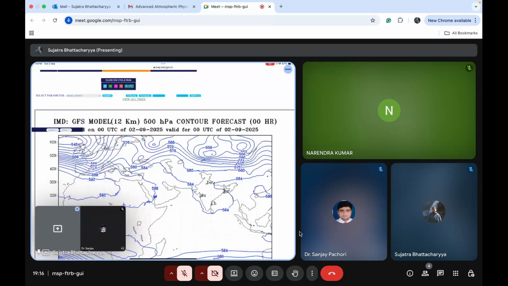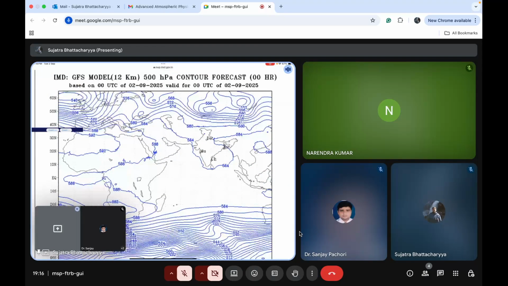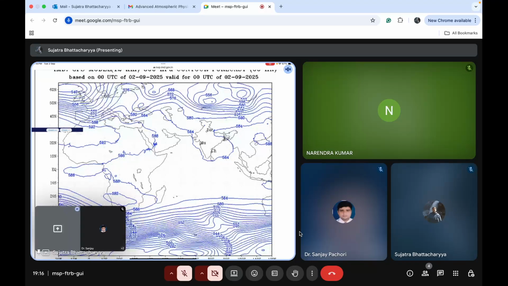See this. This is at 500 hectopascal. So 500 hectopascals means it's a constant pressure surface, whose average height is about 5,000 meters. And you can see these are the geopotential height. See 592. You just multiply by gravity. We have written gZ, right?